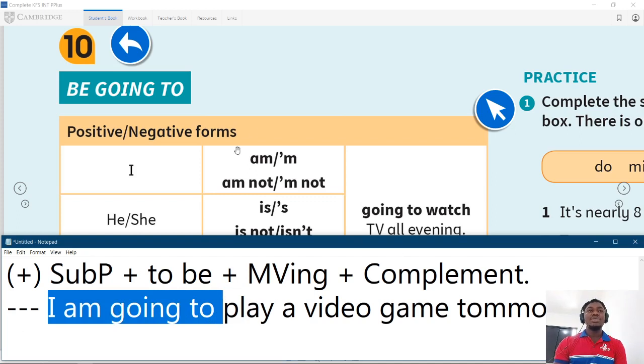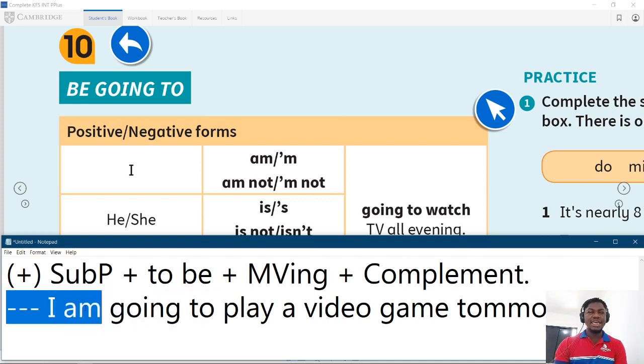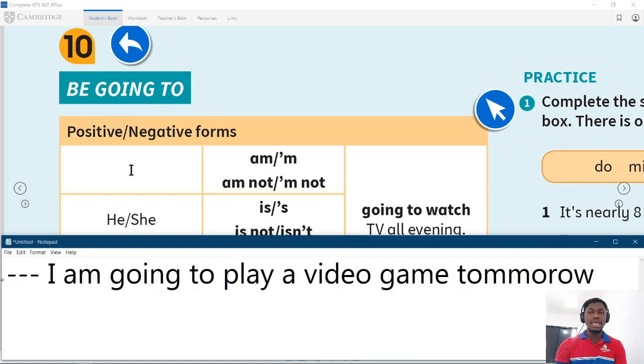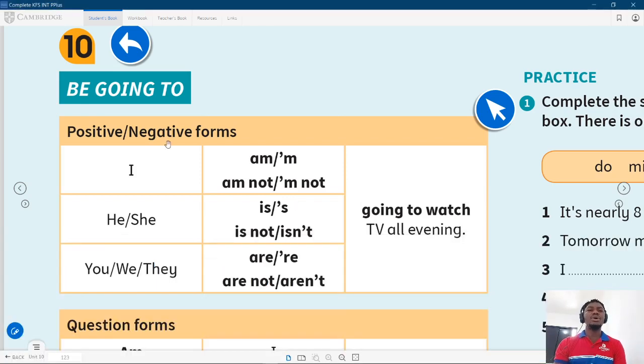So, guys, this structure is basically for the future. But what type of future? We use it for future plans. Let's see what I mean.